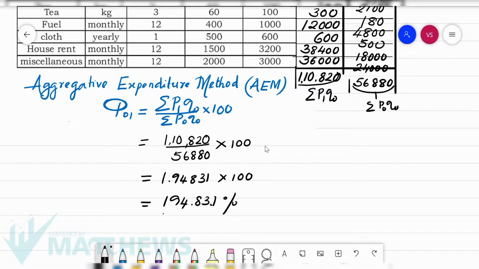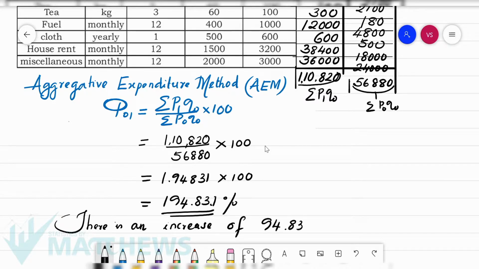So we can say there is an increase of 94.83%. This is how we calculate the aggregative expenditure method cost of living index number, students.